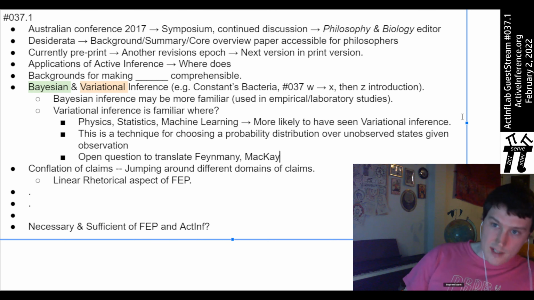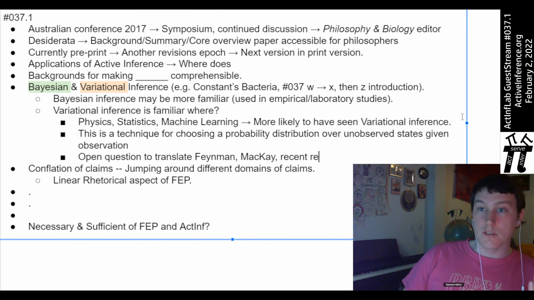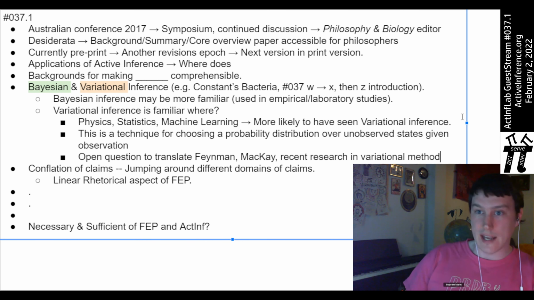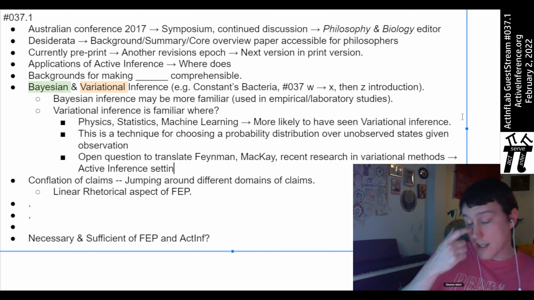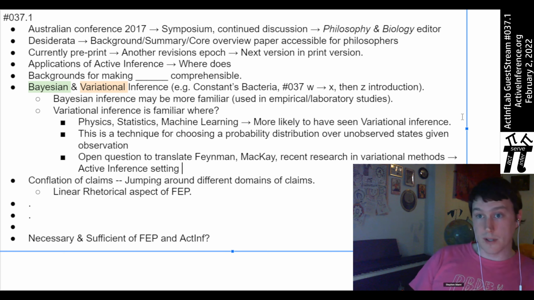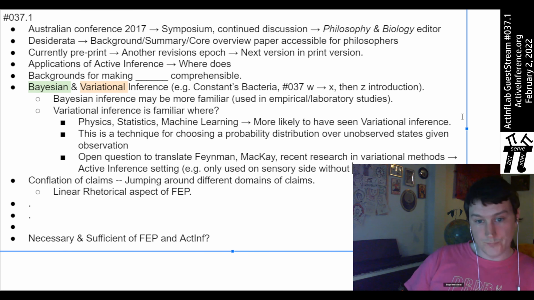But as I understand it, it started in physics, then was adopted into statistics more broadly as a means of approximating Bayesian inference in cases where exact Bayesian inference is too computationally difficult to carry out. And then it moved from statistics into machine learning, where it's possible to actually build algorithms or systems that can perform variational inference. And then from there, it ended up in the active inference framework.